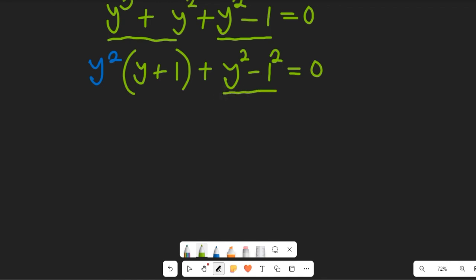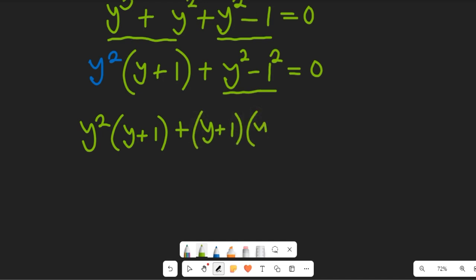So that expression will now give us y squared multiplied by y plus 1, plus y plus 1, which is a difference of two squares, multiplied by y minus 1, and this will be equal to 0.